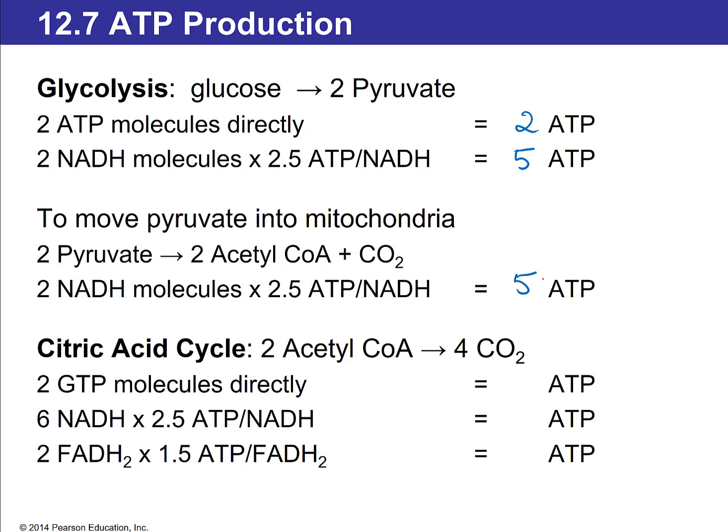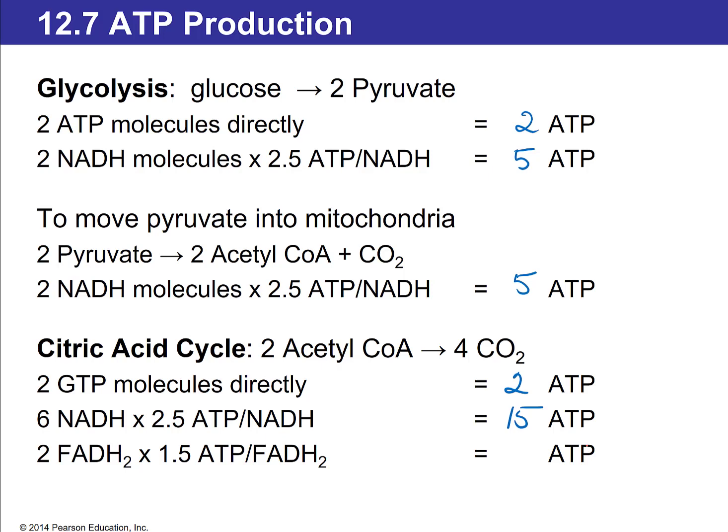So you get 2 ATPs, which are GTPs. They're equal. A GTP and an ATP are equivalent. You get 6 NADHs. So how many ATPs is that? 15. So you make 15 ATPs.